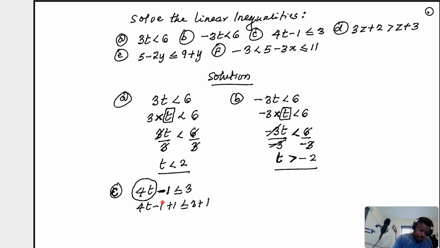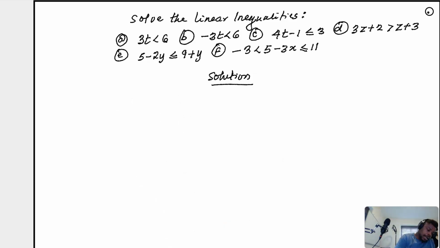Minus 1 plus 1 cancel out. This is 4t less or equal to 4. Now in this case, I have to divide by positive 4. So this divided by 4, and this divided by 4. So in this case, our t will be less or equal to 1. Now question D.